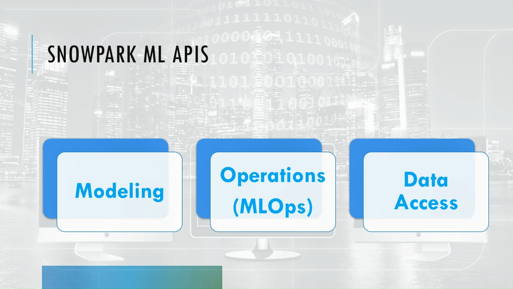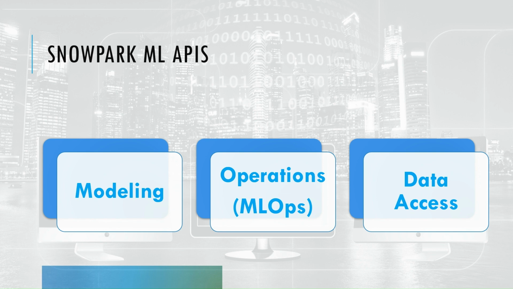Snowpark ML, or Snowpark machine learning, is a separate Python library with different APIs, application programming interfaces, and there are at least three such different areas.